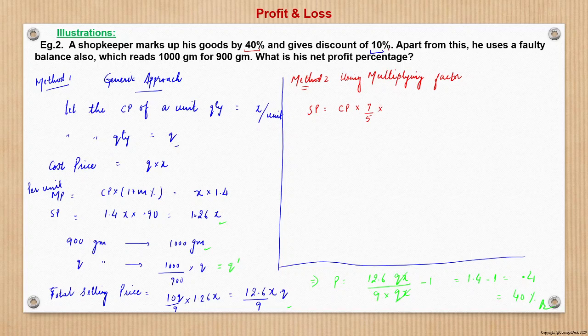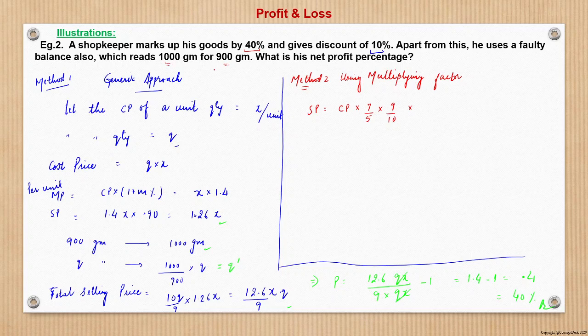And then discount will have a decreasing impact on the selling price. So a discount of 10% over mark price. 10% means 1 by 10. A decrease of 1 by 10 means 9 by 10, right? And then he uses a faulty balance also, which shows 1000 gram for 900 gram.